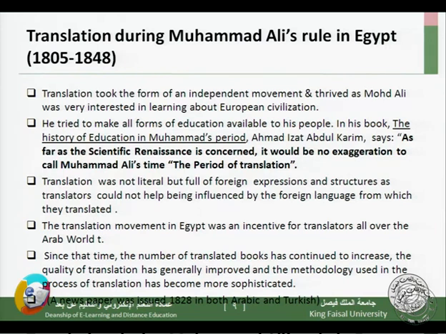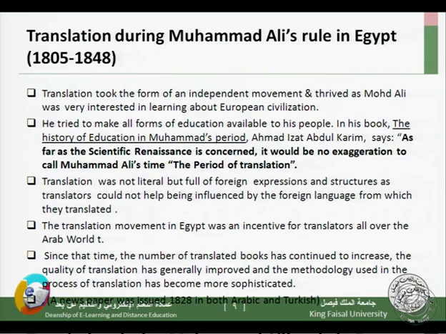This scholar acknowledges Muhammad Ali's interest in translation to the extent that he would call Muhammad Ali's rule, about 40 years, the period of translation, the rule of translation, whatever you call it.